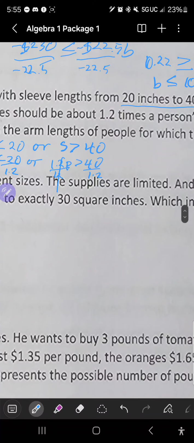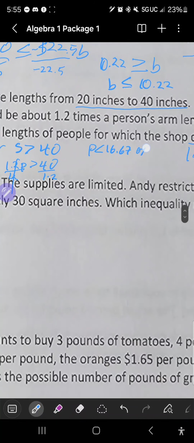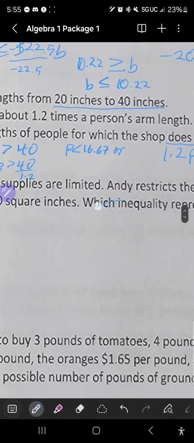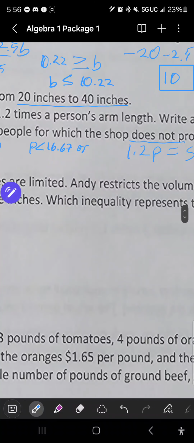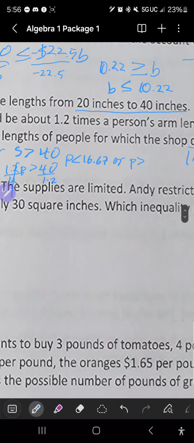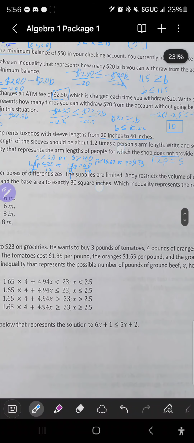We already calculated these divisions and we get that p is less than 16.67 or p is greater than 40 divided by 1.2, which is 33.33. I'm sorry for the confusion.